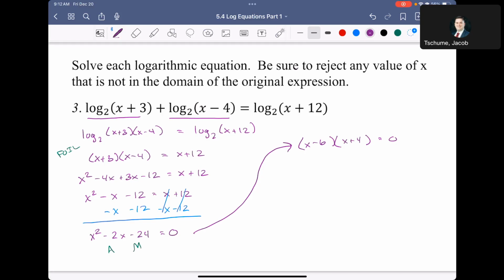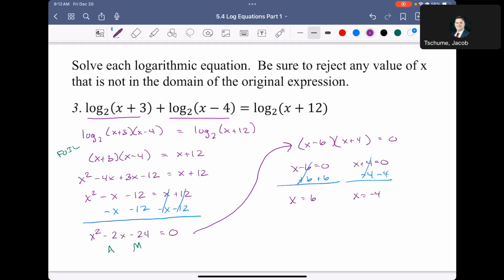And so now we're going to set both of these equal to 0. So x minus 6 equals 0, x plus 4 equals 0. And if we solve both of these individually, you will end up getting two possible answers of x equals 6 and x equals negative 4.